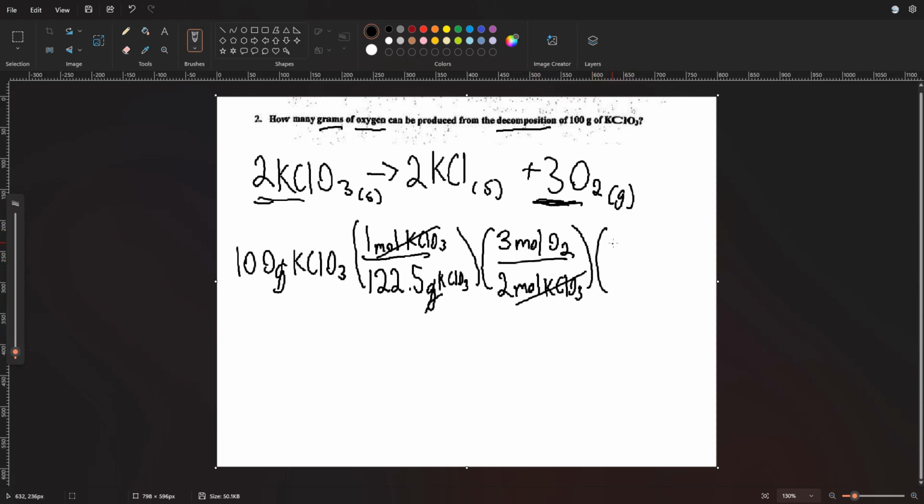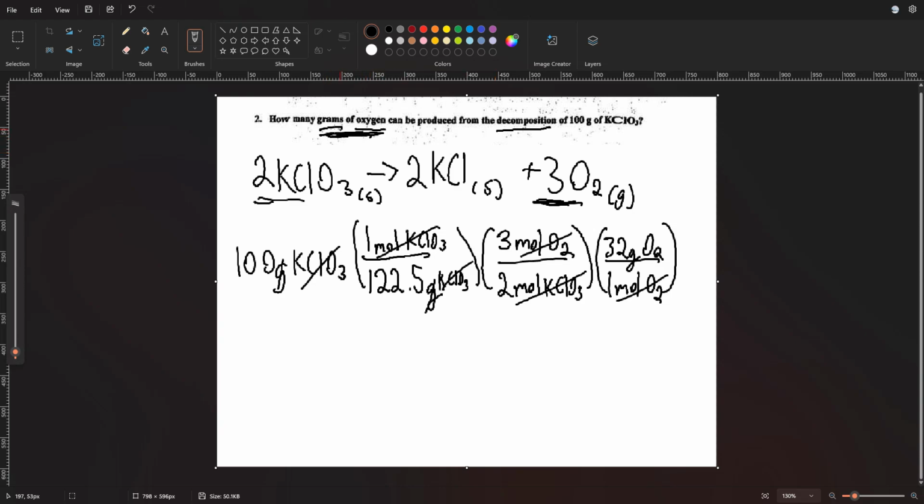We're going to convert from moles to grams. So the moles is going to have to be in the denominator in this case. For 1 mole of diatomic oxygen, we're going to get 32 grams of diatomic oxygen. So now we can cross these out, and now our only unit that's left over is grams of oxygen, which is exactly what we need.